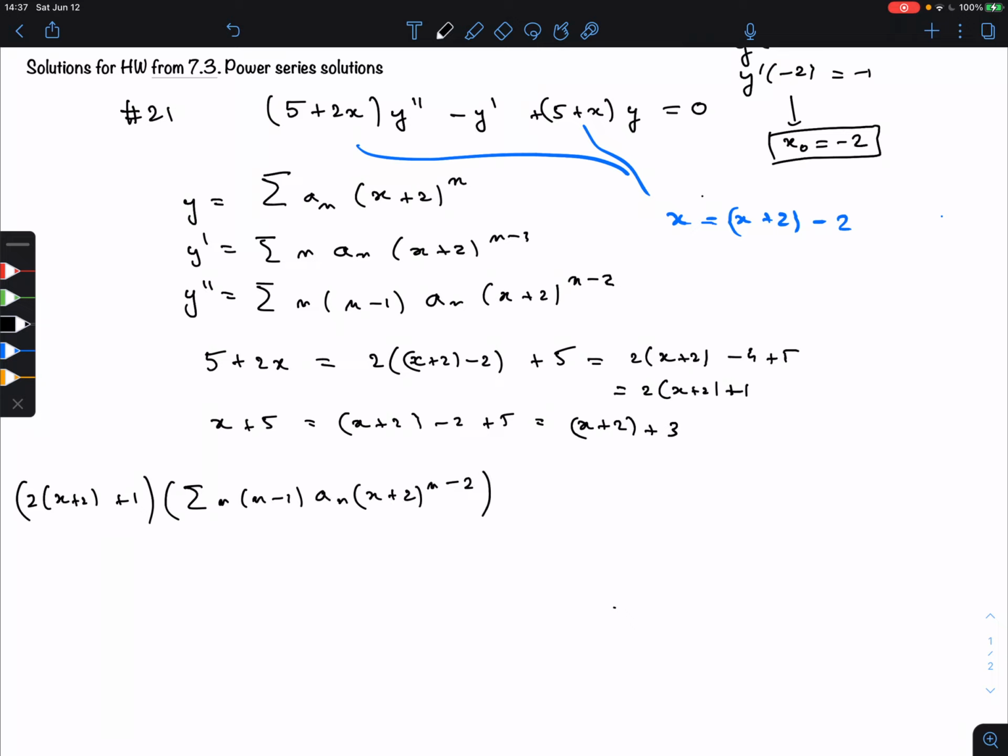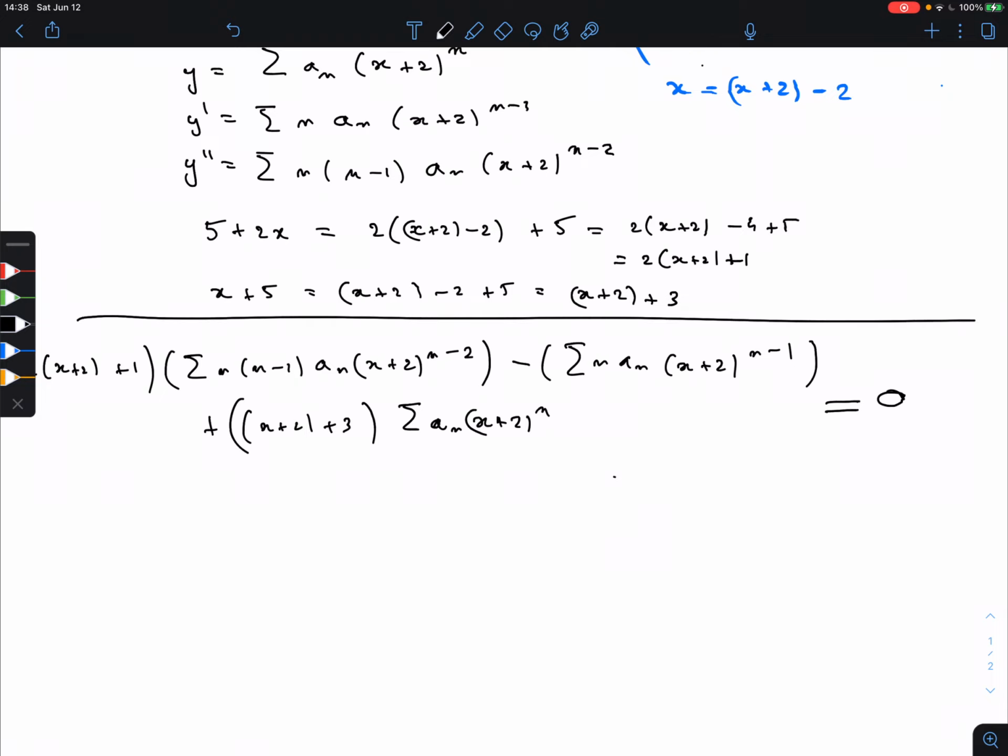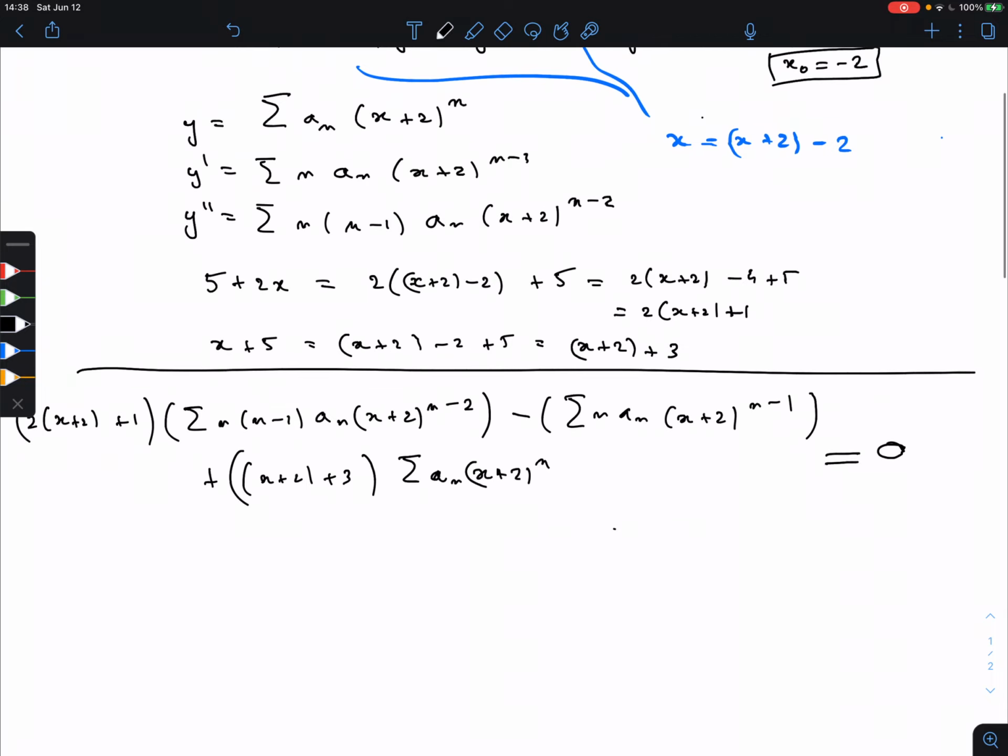And that is to be 0. That's the result of plugging in. Now we expand. We get summation 2n(n minus 1) an, and the power is now x plus 2 to the power n minus 1.